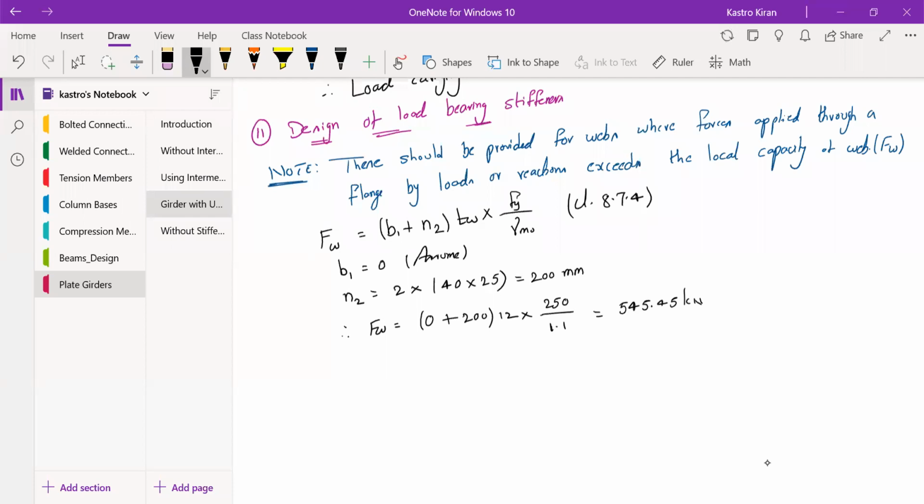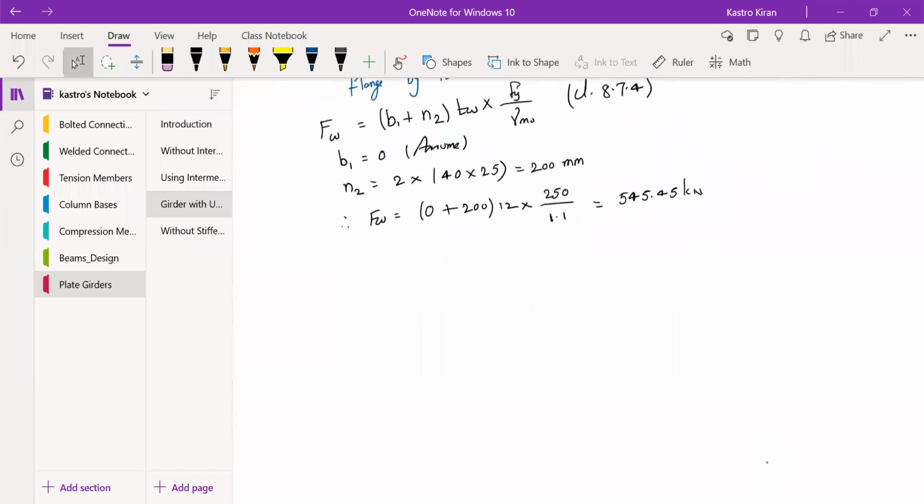Now you need to find out whether load bearing stiffeners are required or not. So how will you find out? In order to find out this one, you have to calculate 2 more points. Load bearing stiffeners are usually provided where there are concentrated loads and also at supports.